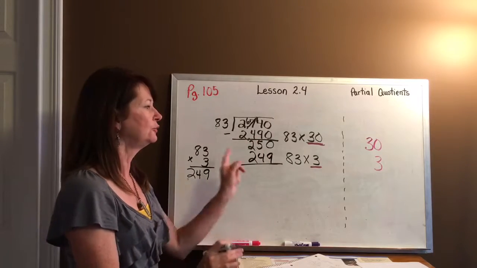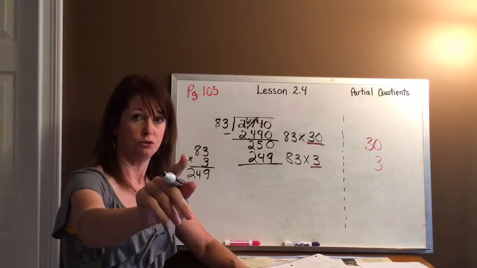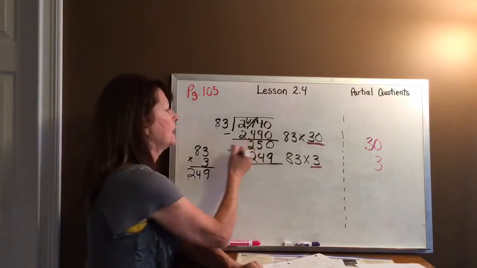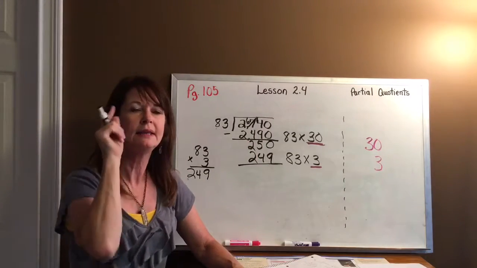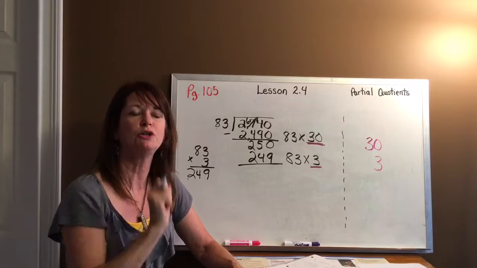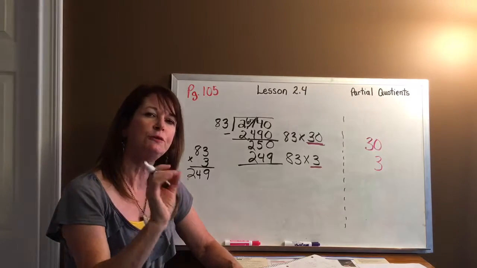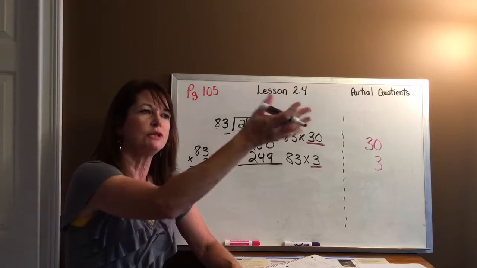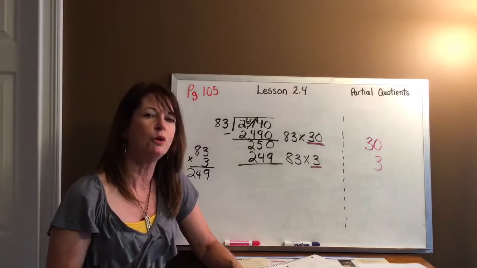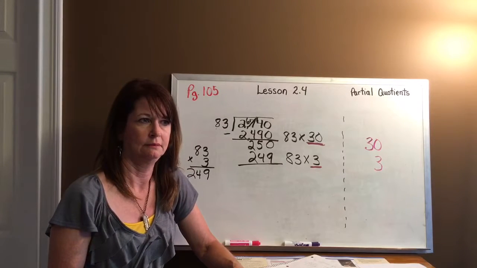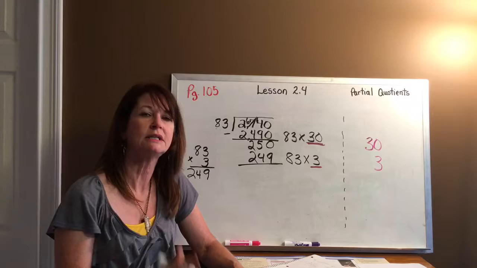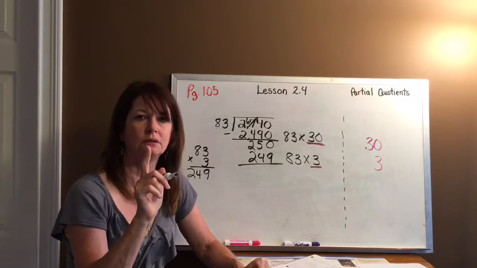250 minus 249. Some of you right now are starting to cross out and do the borrow. Think before you start doing that. I have 250 and I'm going to take from that 249. That means I took 1. That means I have 1 left.